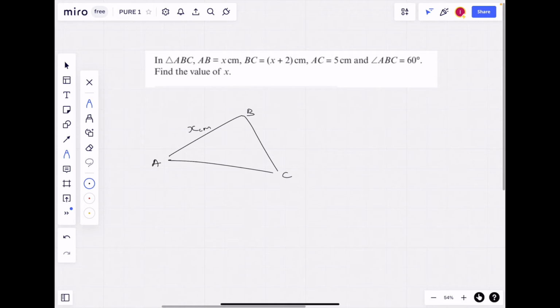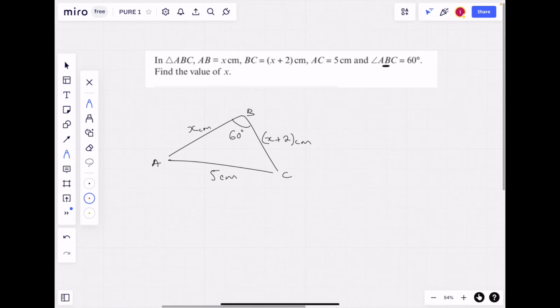BC is x plus 2. AC is 5. And then ABC is 60 degrees. The middle letter is where the angle is.